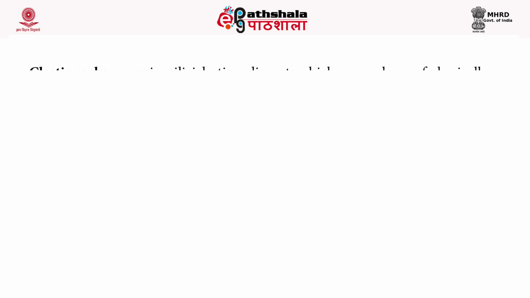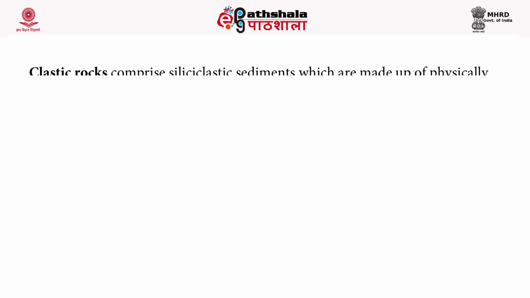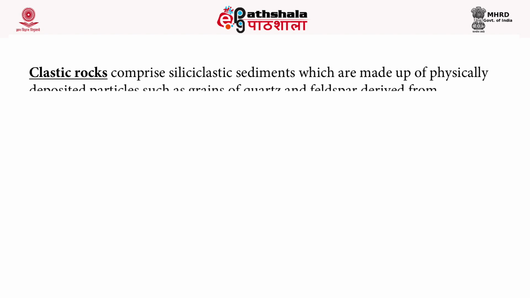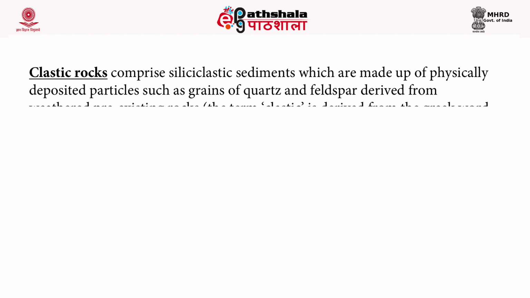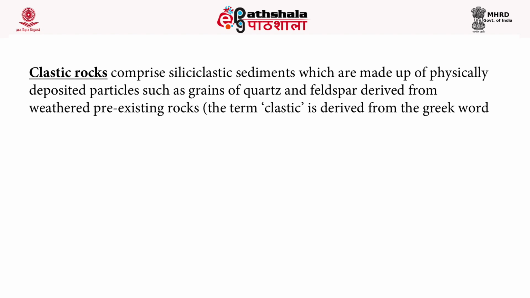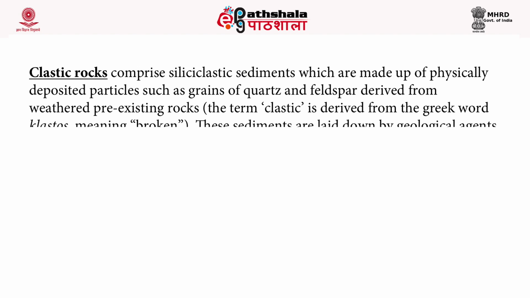Clastic rocks comprise siliclastic sediments which are made up of physically deposited particles such as grains of quartz and feldspar derived from pre-existing rocks. The term clastic is derived from the Greek word klastos, meaning broken.